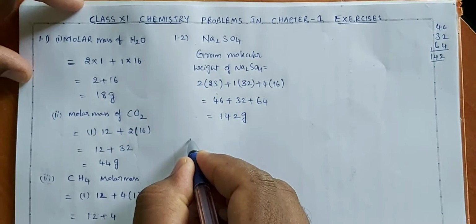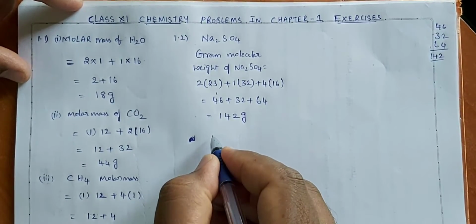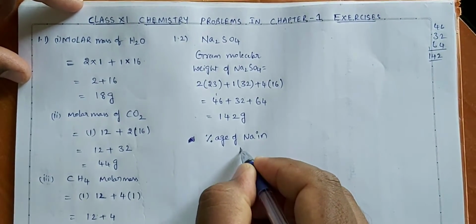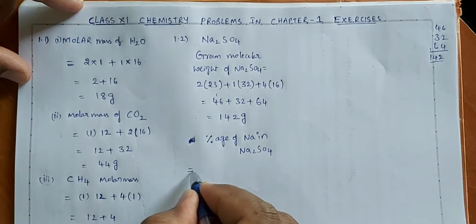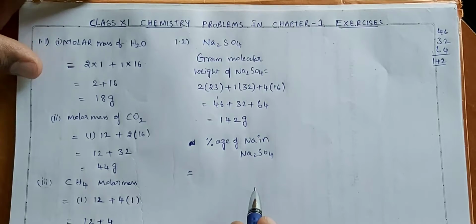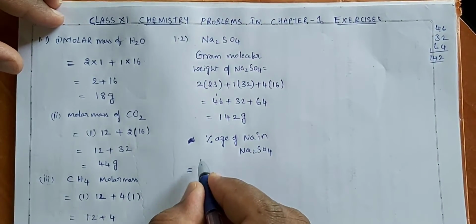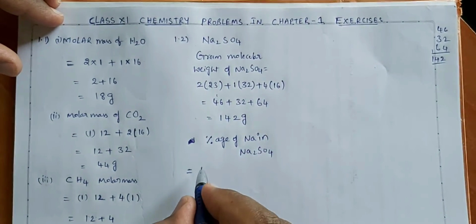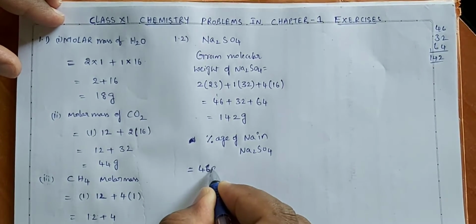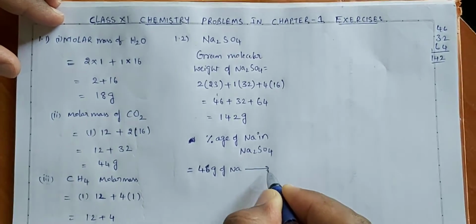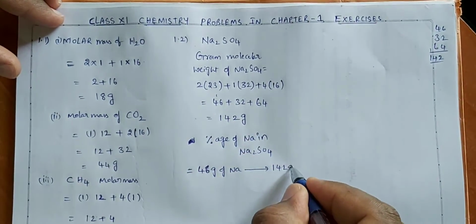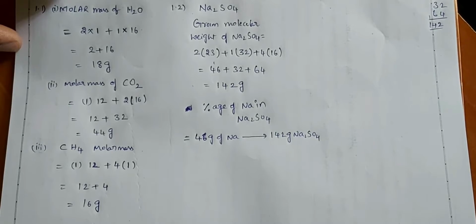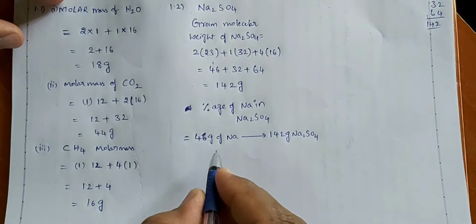Percentage of sodium in Na2SO4 is equal to, in Na2SO4 how much amount of sodium is present? 2 into 23, 46 grams. 46 grams of sodium is present in 142 grams of Na2SO4.